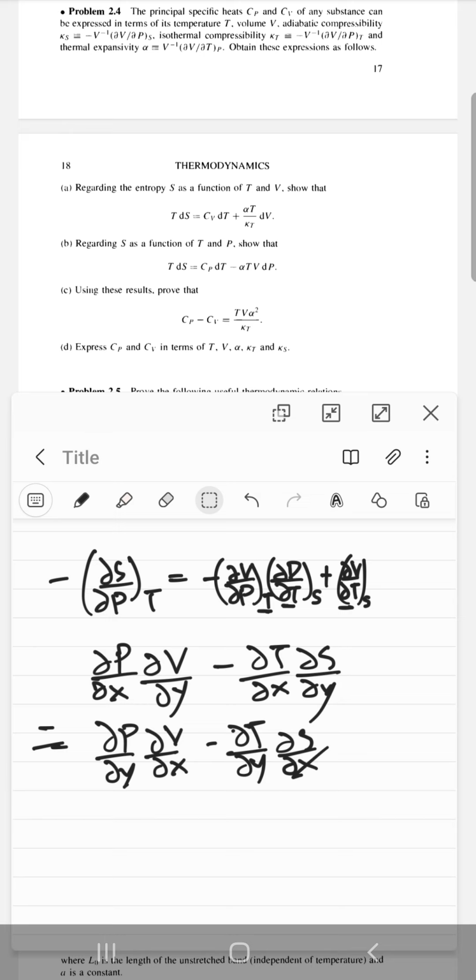Right. Next, we want to figure out something about this guy, partial p upon partial T at constant entropy. So we put x equal to temperature, y equal to entropy, and see what we get. Oh, that's problematic, isn't it? Let's just see what happens.